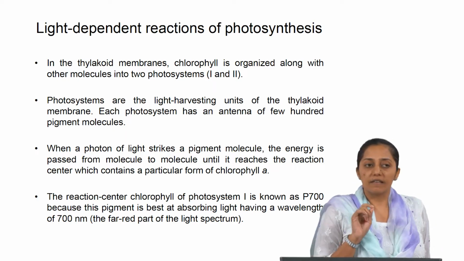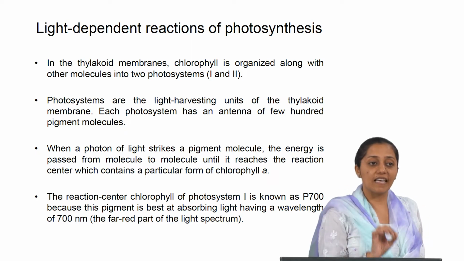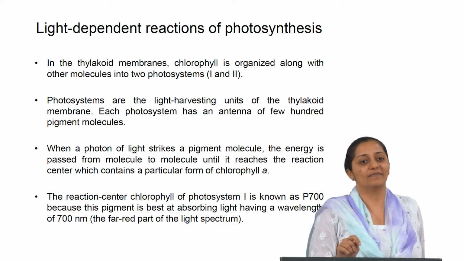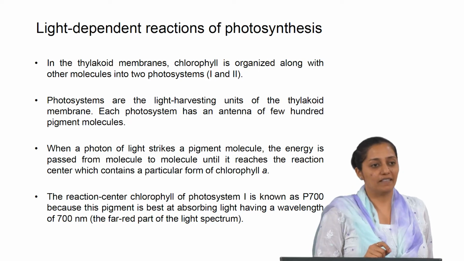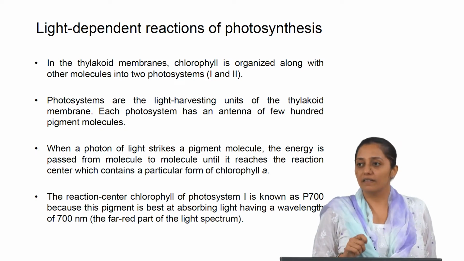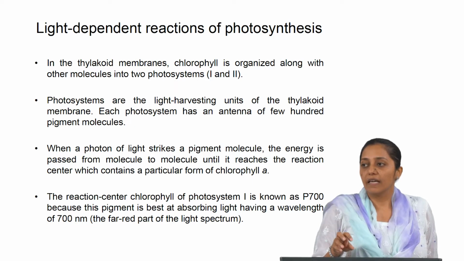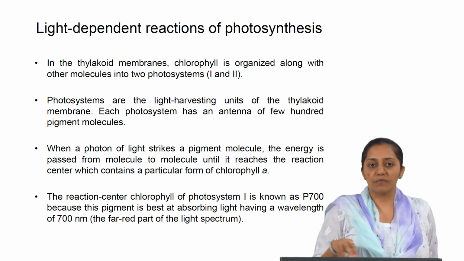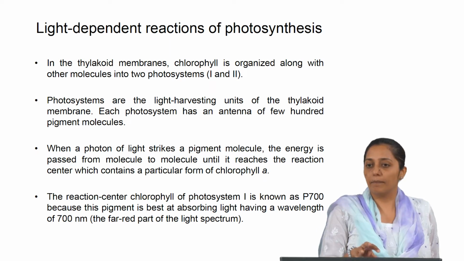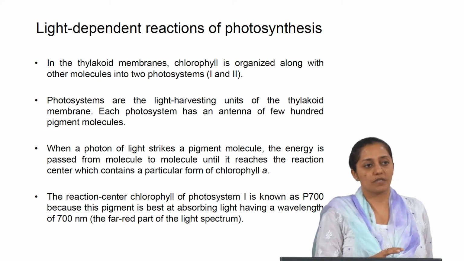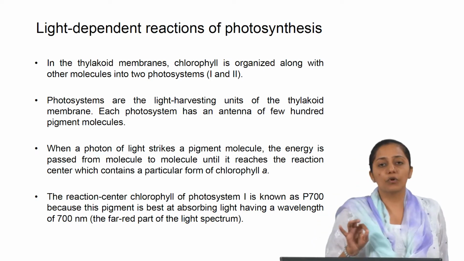Both the reaction centers have identical chlorophyll a molecules, but still there is a difference in the wavelength. Why do you think? This difference in absorption properties happens because the chlorophyll is in conjugation with other proteins present in the reaction center. Because it combines with other proteins in the two photosystems, there is a difference in the absorptive properties.